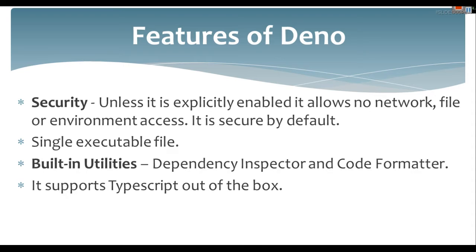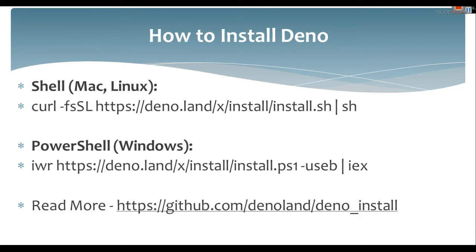Now the next thing is how we can install Deno. Suppose you are on Mac or Linux, you can use this URL given here. I will show you the official URL of Deno, where you will find all the installation instructions.